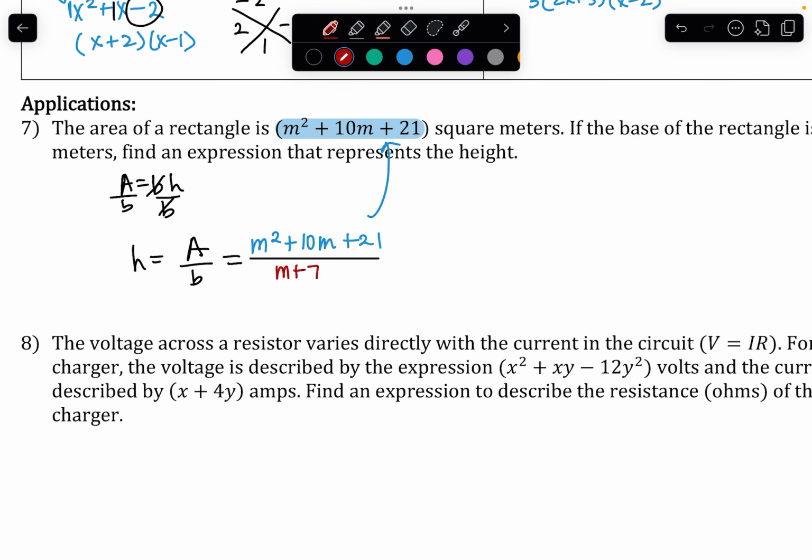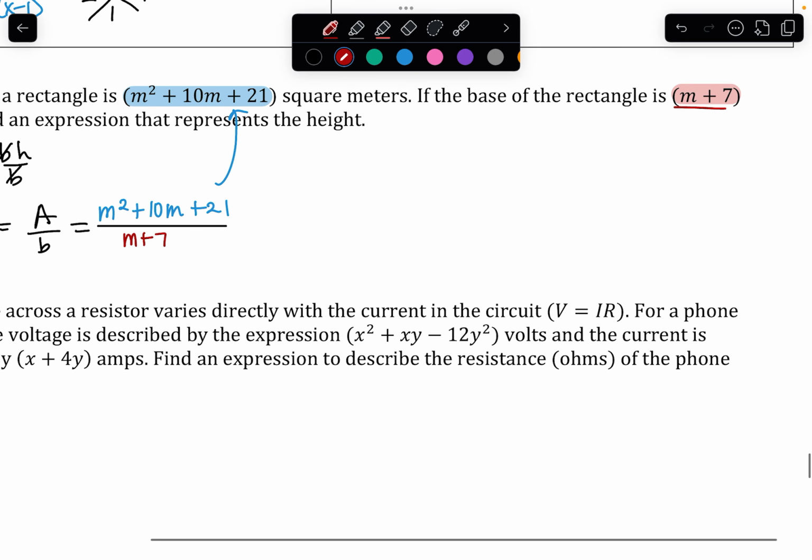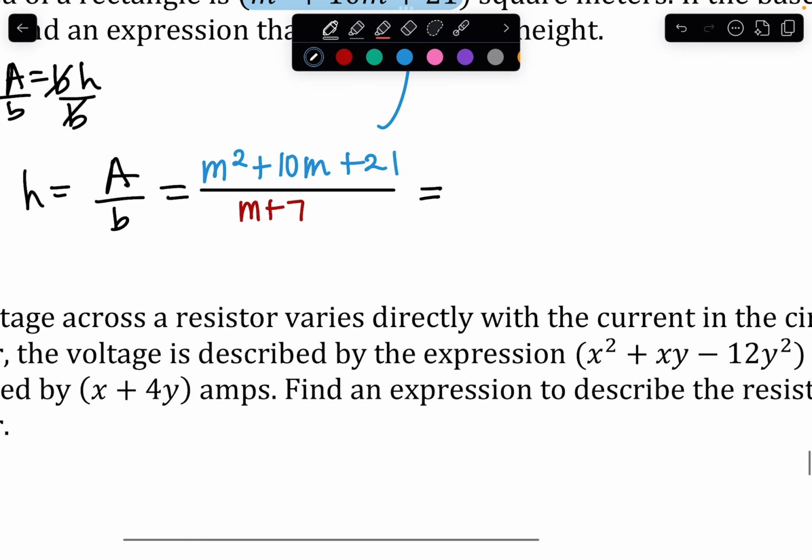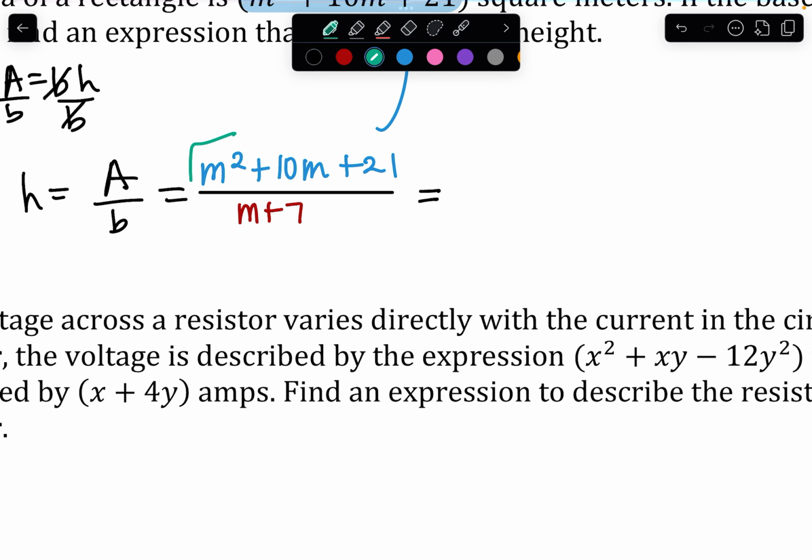Okay, and so when we simplify this expression, there's kind of a shortcut when you are dividing a trinomial by a linear term. So you can actually divide the first term, m squared divided by m. You know that's going to leave you with m. And then you can look at the last term, 21 divided by 7. That would have to be 3.